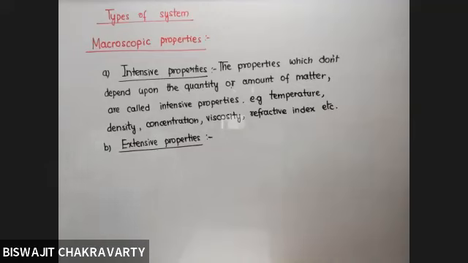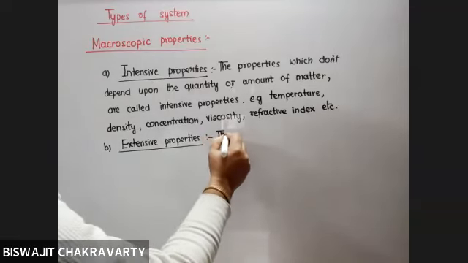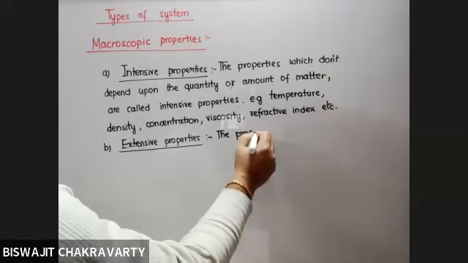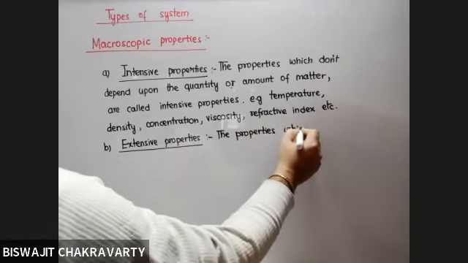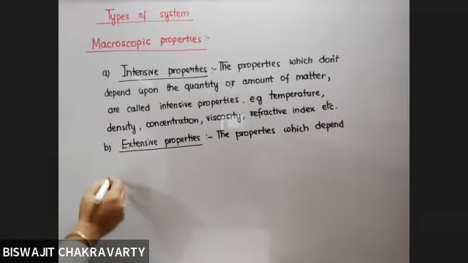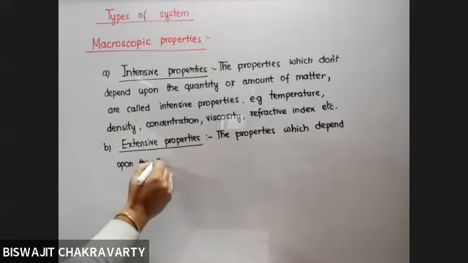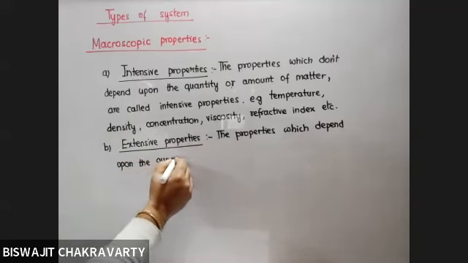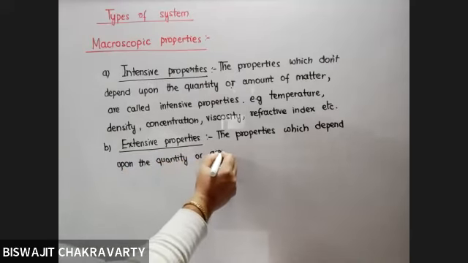It depends upon how much we have bought. So thus we can say that extensive properties are the properties which depend upon the quantity or amount of matter.